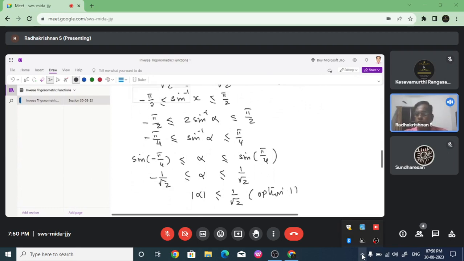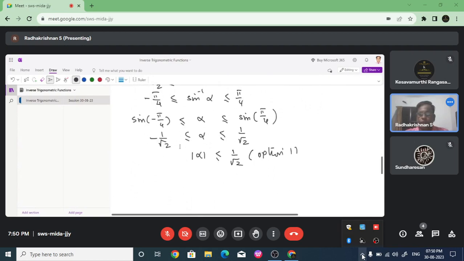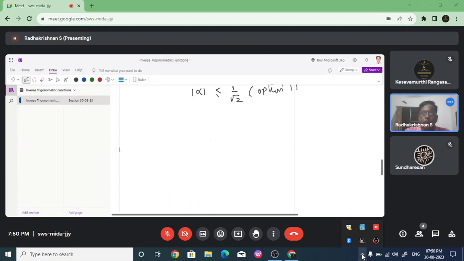Problem number 5, right? Sine inverse of cos x equal to pi by 2 minus x.